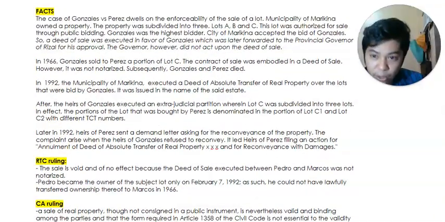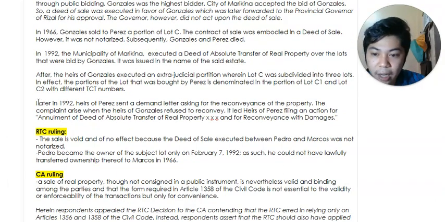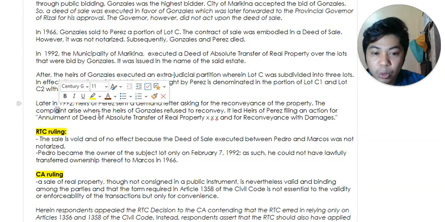Next, as you can see, there was this case of Gonzalez versus Perez. Then there was an execution of a deed of sale, and so on. After that, in the last paragraph, I need to see what action was raised, or what complaint was filed in court.